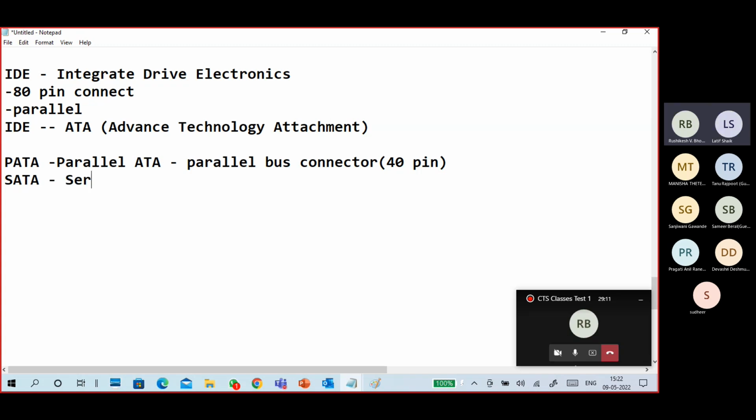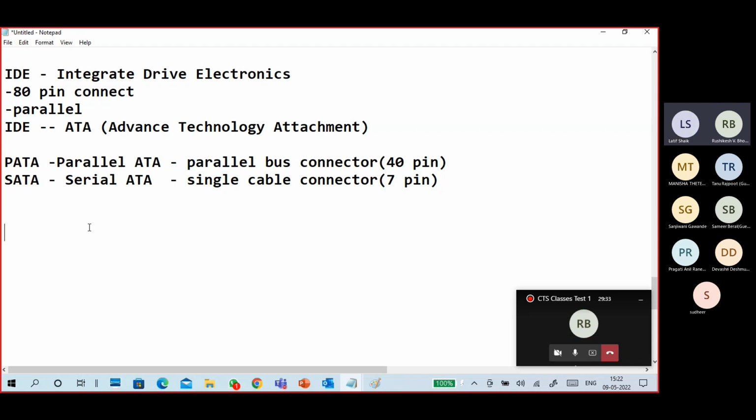SATA, Serial Advanced Technology Attachment, uses a single cable connector, which has a 7-pin connector.